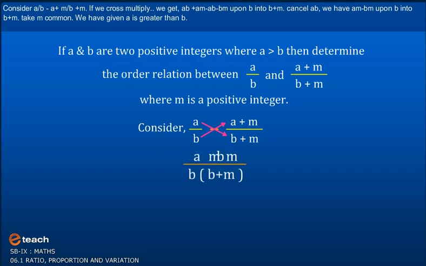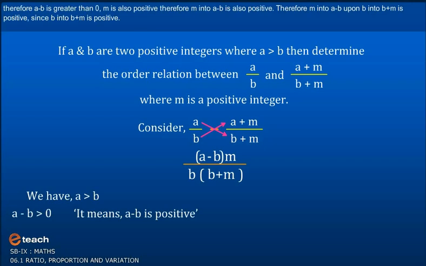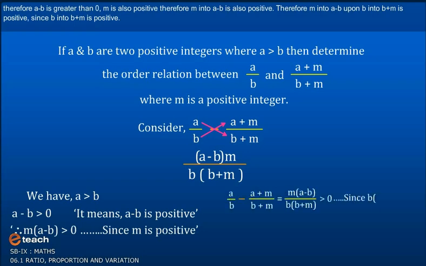Now take M common. We are given A is greater than B. Therefore, A minus B is greater than 0. M is also positive. Therefore, M into A minus B is also positive. Therefore, M into A minus B upon B into B plus M is positive, since B into B plus M is positive.